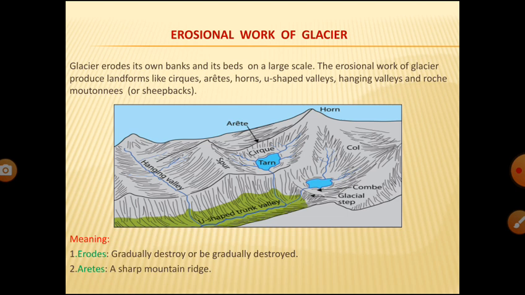You can see arete. Arete is a sharp ridge separating two glacial valleys. Then you can find U-shaped valleys formed through glacial erosion, and hanging valleys are so named due to their positioning above main valleys.